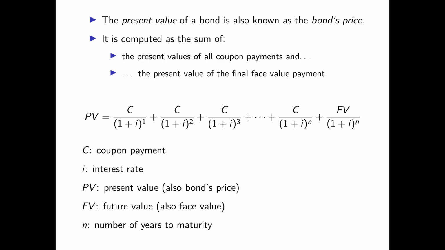But in the nth year, as you can see, the last coupon payment has to be made, and also the face value of the bond has to be reimbursed. Each of these payments has to be discounted. In other words, they have to be pulled back into the present in order for us to know how much they really represent today, even though these payments are going to be made in the future.